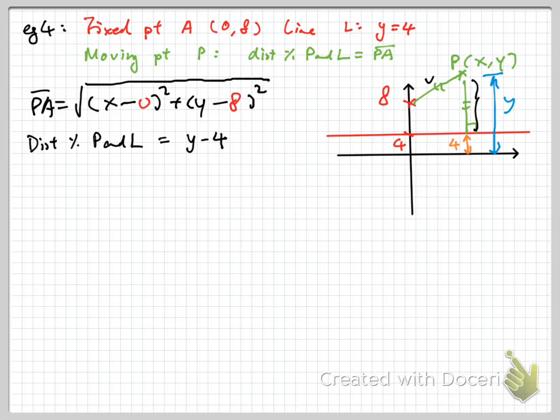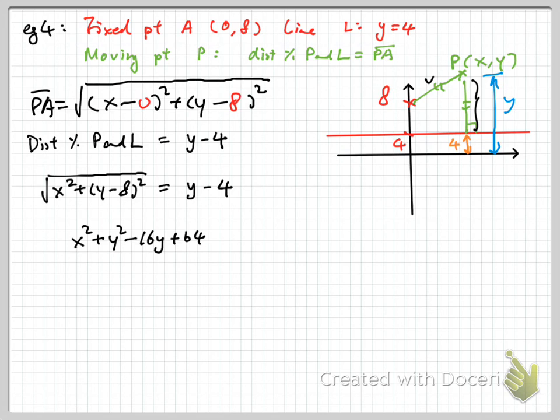So now we can equate these two. On one hand we have the square root of x squared plus y minus 8 squared. That is the distance of PA. On the other hand, we have the distance between P and L will be something like this. So we just simplify the equation. That is x squared plus y squared minus 16y plus 64. On the other side, that would be y minus 4, take the square.